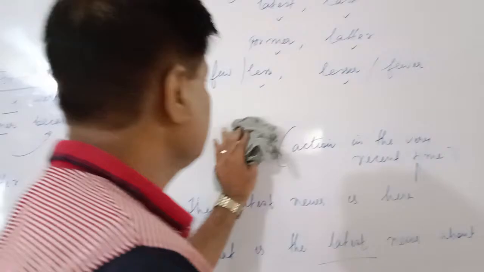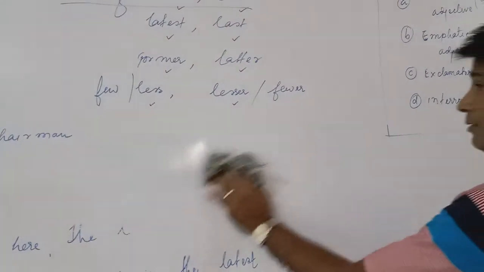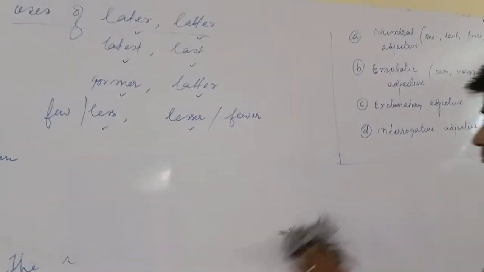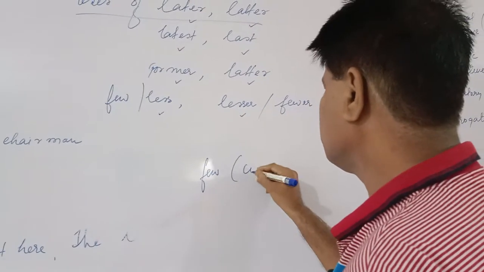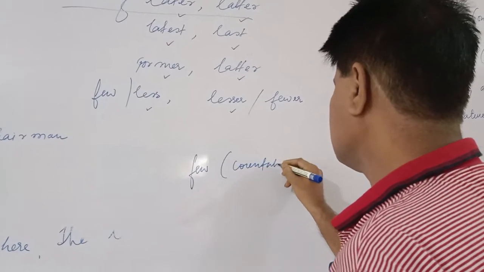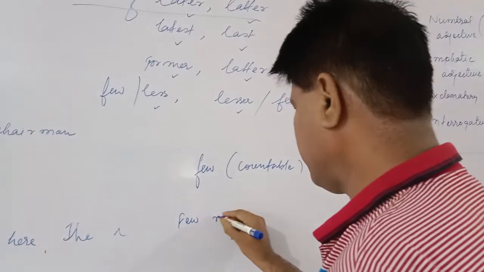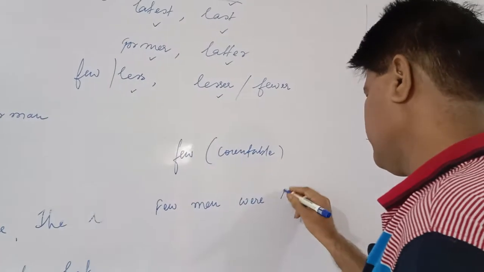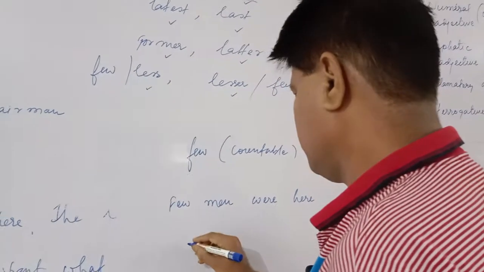Let me explain how to use few and fewer. Few defines countable, as I said. Few men were here, right?